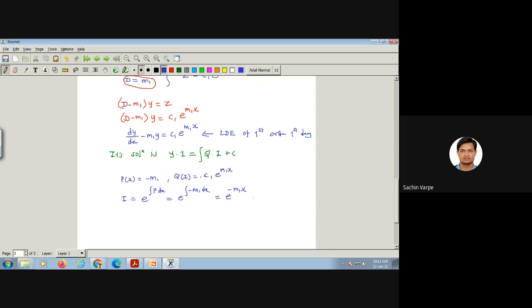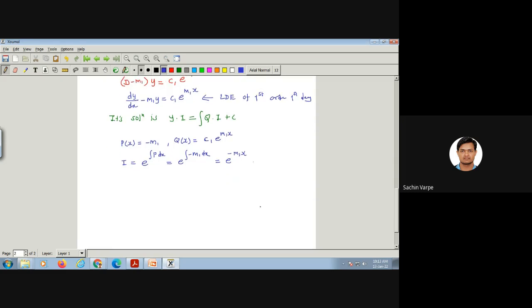So we substitute into the solution, we get y into e to the power minus m1x is equal to integration of q. What is q? Q is c1 e to the power m1x, into e to the power minus m1x dx plus another constant now, c2.